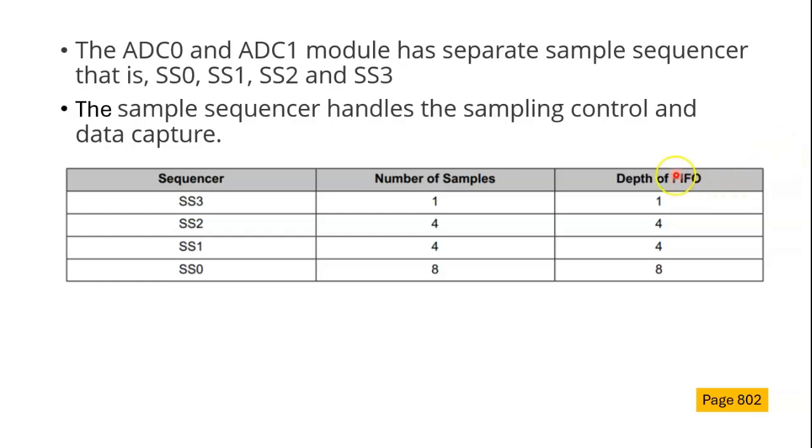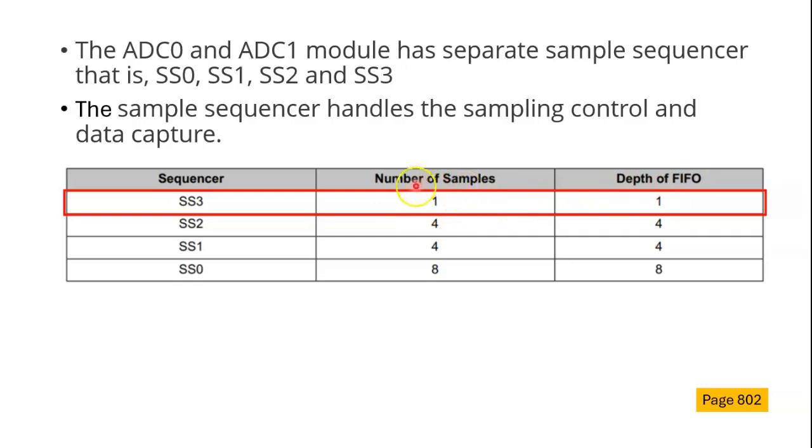Now, the purpose is to enable smooth data transfer between peripherals. Now, the depth of the FIFO refers to the maximum number of samples that can be stored in the FIFO buffer of each sequencer at a time.